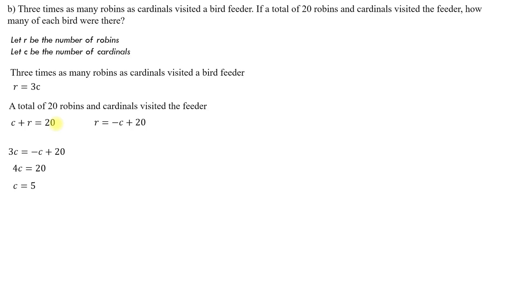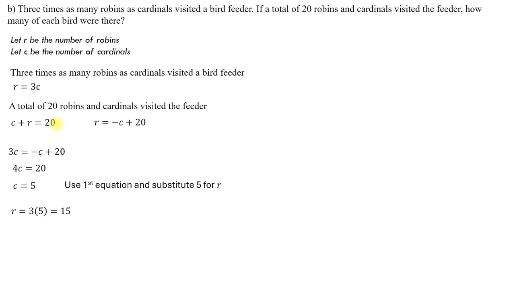Once we have a value for C, we can plug that value into one of the equations and solve for the other variable. So we'll use that first equation and plug in the value of 5 for C. R equals 3 times 5, which equals 15.